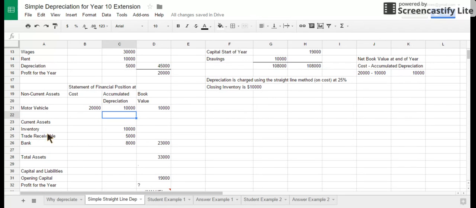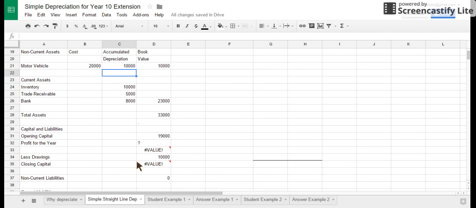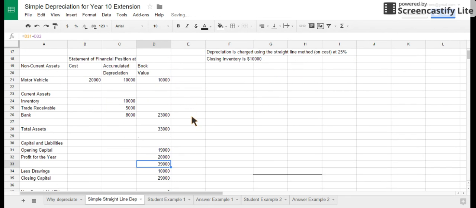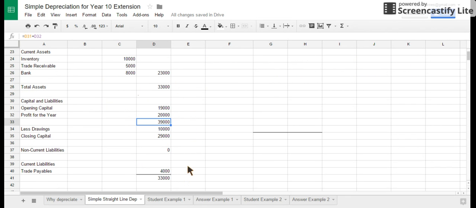Looking down here, other figures haven't changed. At the top we've got all of our assets. Our total assets are worth 33,000. What I couldn't do before, but I can do now, is put in the profit figure for the year, because I didn't know that until I got the depreciation charged. So put that in, and we take away the drawings.